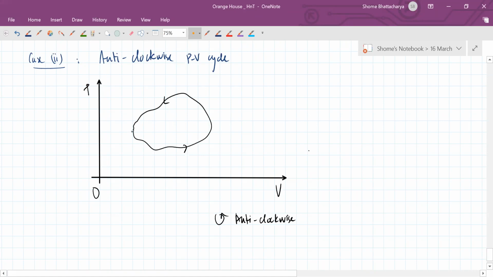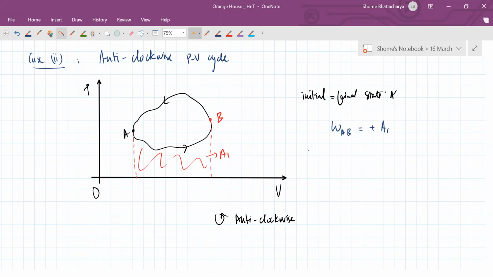Okay. Now let's say again this is the starting point A. So initial equals final state A. So if it goes from A to B somewhere here, let's say first, then from A to B the work done will be positive of this area. This area is A1.